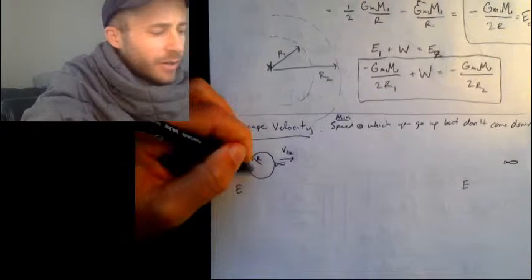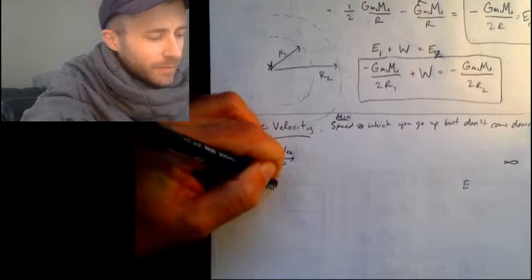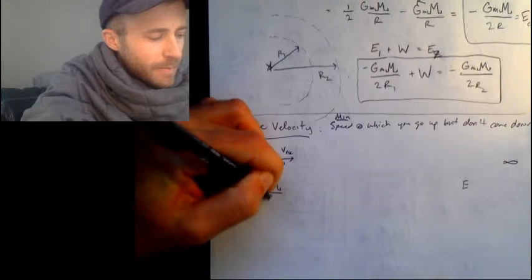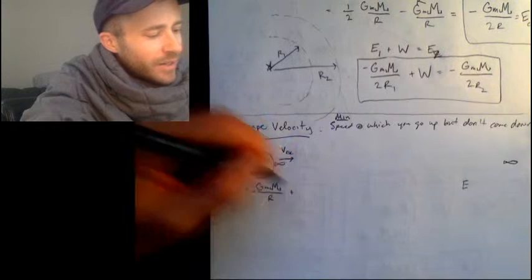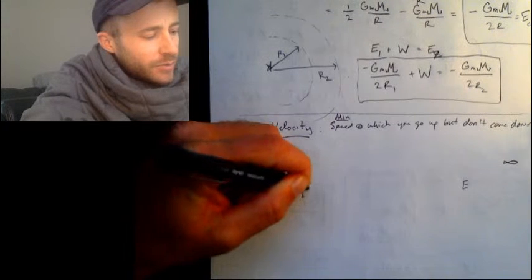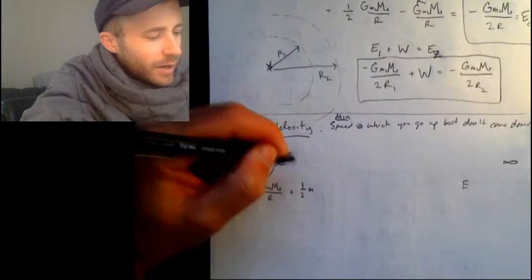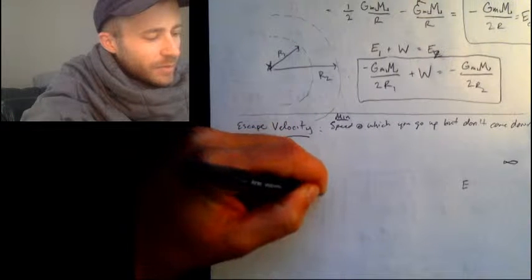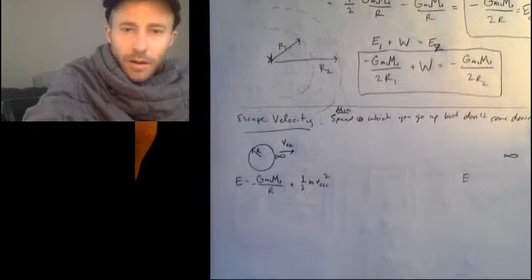So the energy right here, we have the gravitational potential energy. Little m is the mass of the rocket, and big M is the mass of the planet. And then we also have the kinetic energy, which is 1/2 times little m, because it's the rocket that's moving, times the escape velocity squared.